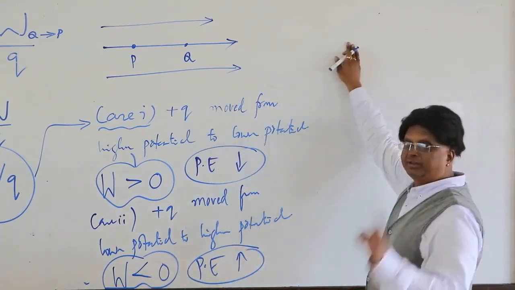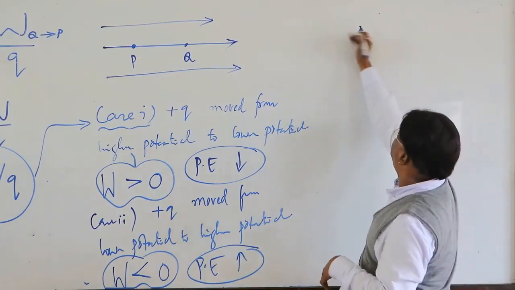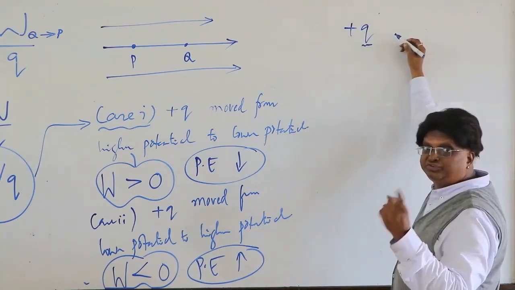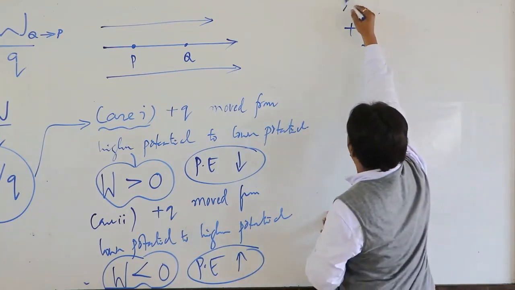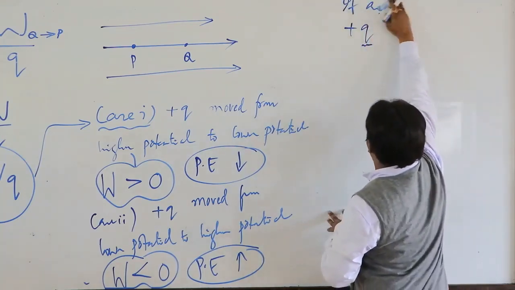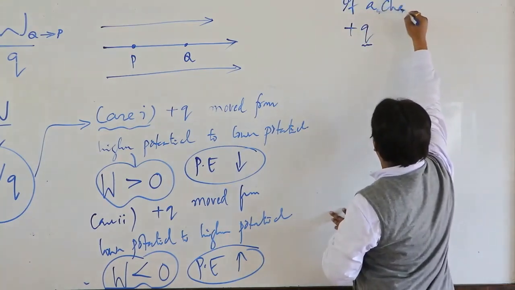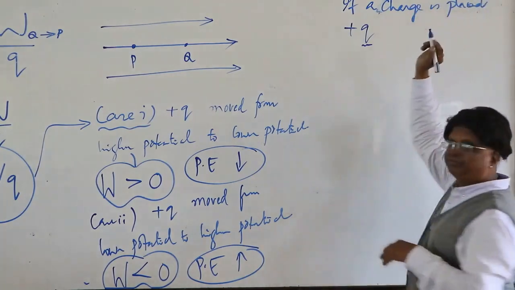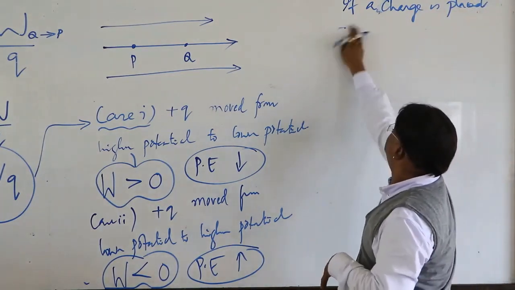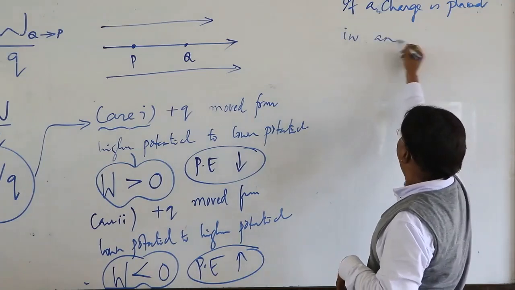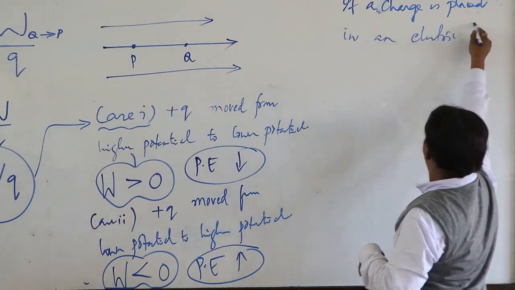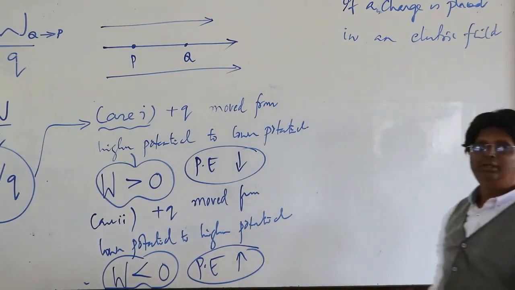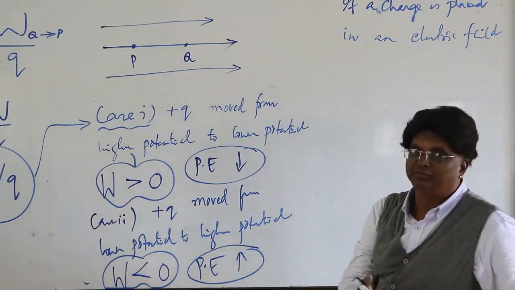Now, again we told, remember, with respect to the field, that positive charge. Suppose I'm telling you, if a charge is placed in an electric field, the same as the case of projection also.